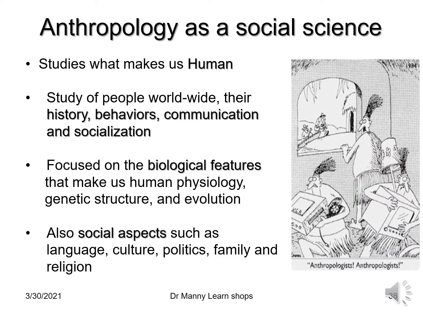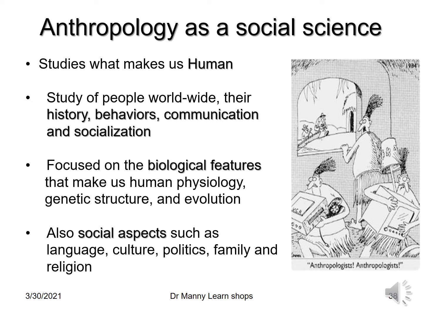When we look at anthropology as a social science, it's a study about what makes us human. It's a study of people worldwide, their history, behaviour, communication and socialization. It focuses on the biological features of what makes us human: human physiology, genetic structure and our evolution.